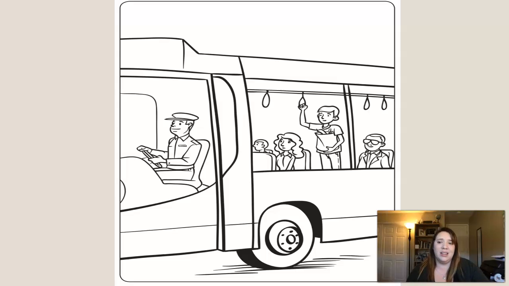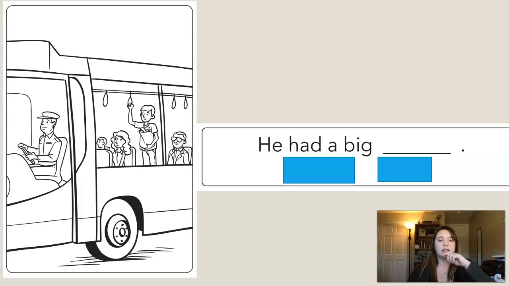So let's see what the question is actually asking. It says, he had a big blank. We're going to have to eliminate one. This time we only have 2 different choices, so we can narrow it down and use the picture as our reference. So let's see. He had a big bag.